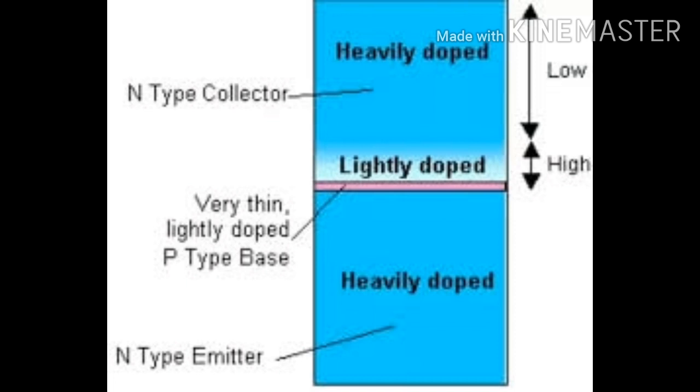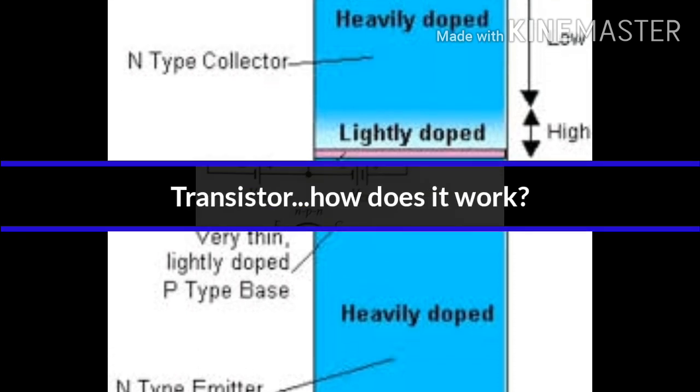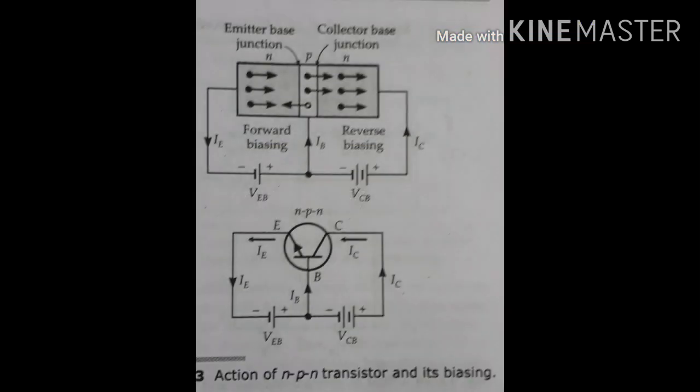Because you know already that emitter is heavily doped, so there must be majority charge carriers in great numbers. So in the emitter base junction diode, the depletion layer must be thin, and in the collector base junction the depletion layer width must be a little bit wide.